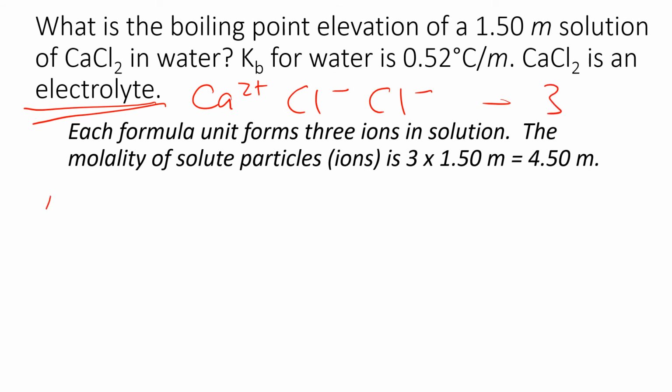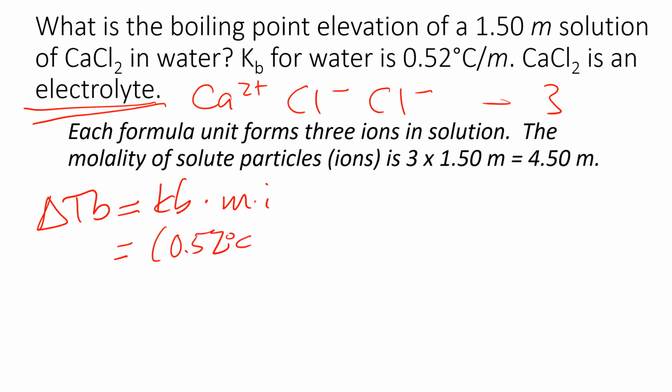So delta TB equals KB times m times i. So 0.52 degrees Celsius over m times 1.50 m times 3. So 0.52 times 1.5 times 3. So 2.34 degrees Celsius.